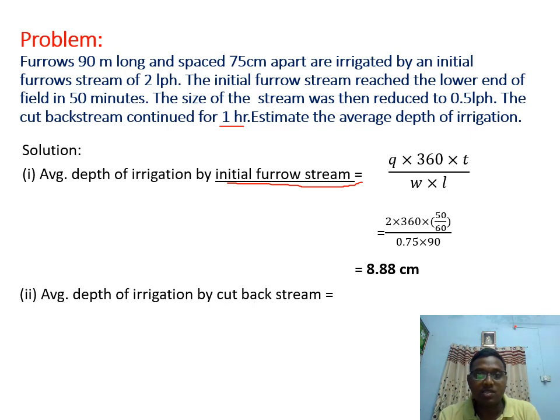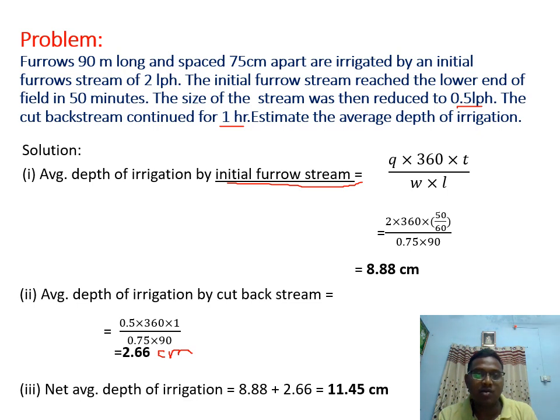Here the stream size in the cutback stream is reduced to 0.5 lps. In the same formula we only change Q and T: Q is 0.5, 360, and time is 1 hour, since the cutback stream continued for 1 hour. The others are the same: width is 0.75 and the length of the furrow is 90 meter. So we get 2.2 centimeter.